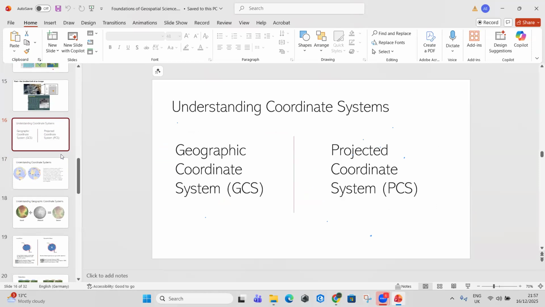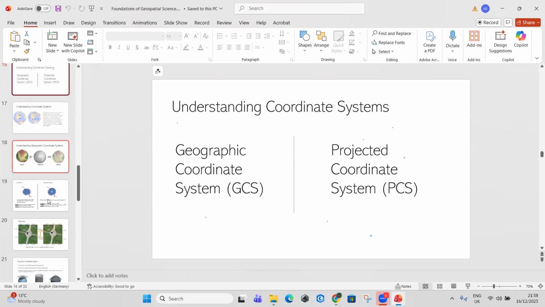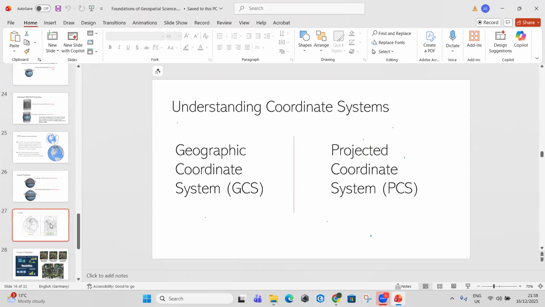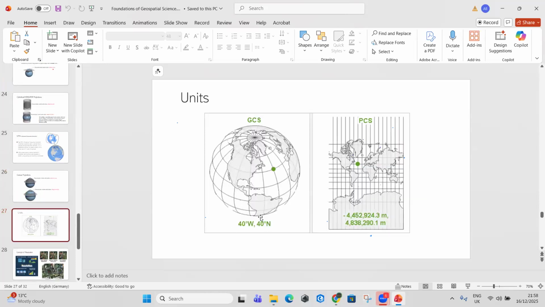There are two types of coordinate systems. One is called a geographic coordinate system and another is called a projected coordinate system. The basic difference between the two, I will give you an overview: whenever you see data in degrees, automatically understand in your mind that it is a geographic coordinate system.